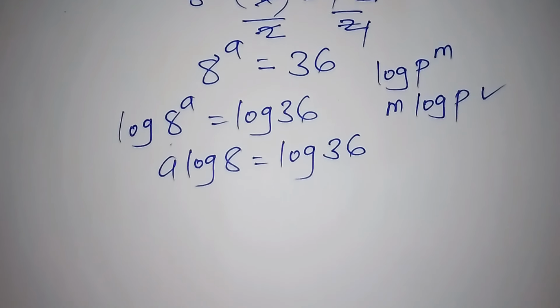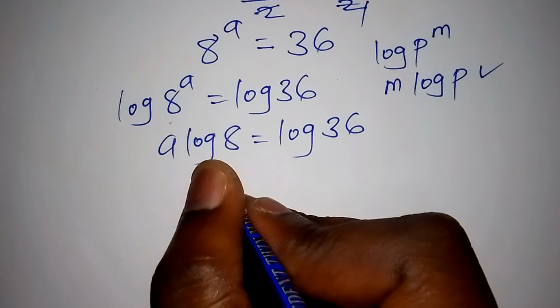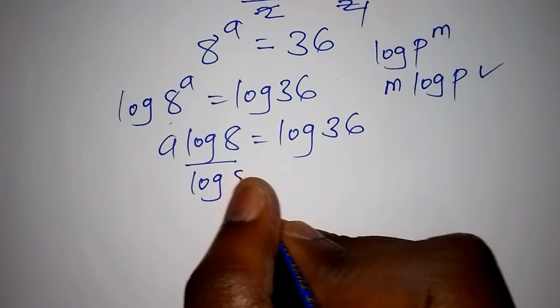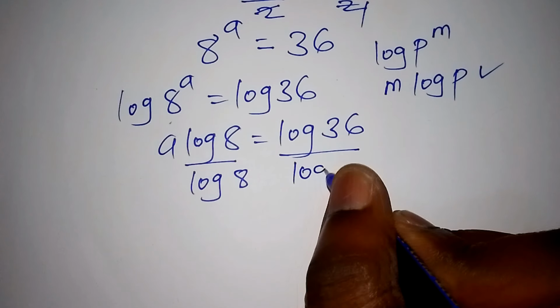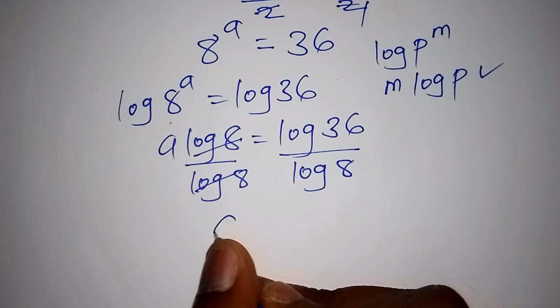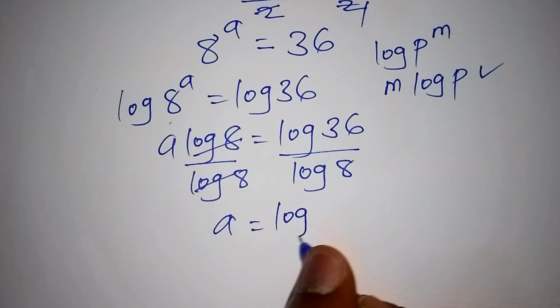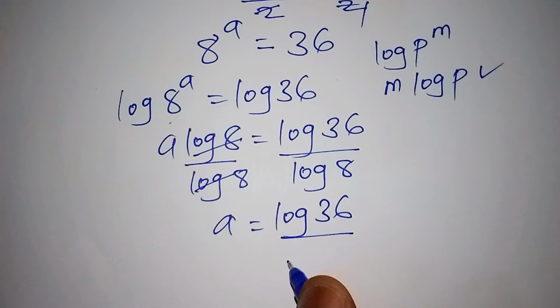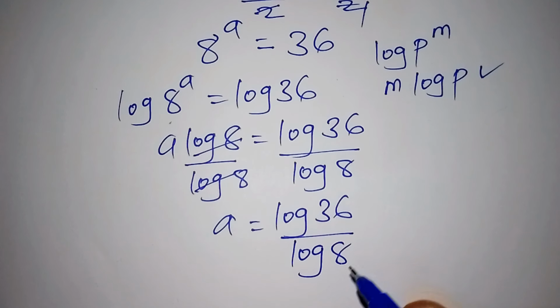From here we shall divide both sides by the log of 8. So log 8 and log 8 cancel. Now our a is equal to the log of 36 all over the log of 8.